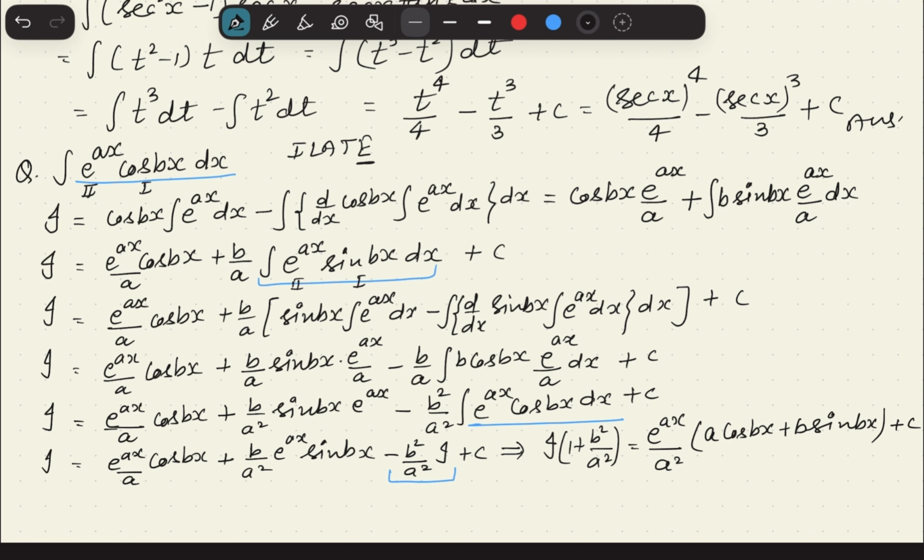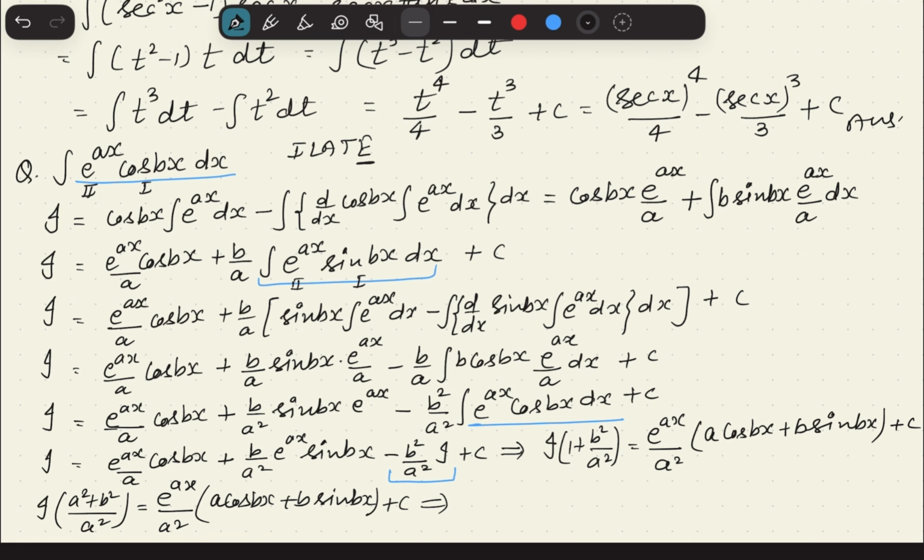Now I into a square plus b square upon a square is equal to e to the power ax upon a square into a cos bx plus b sin bx plus c.